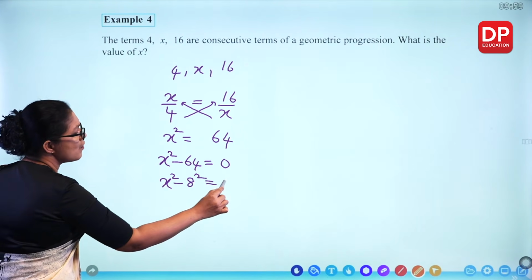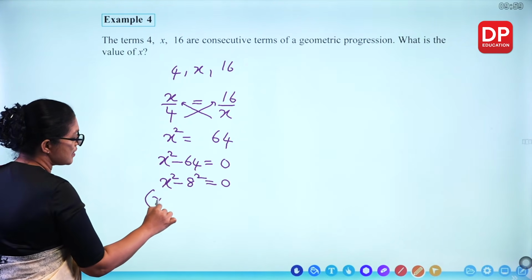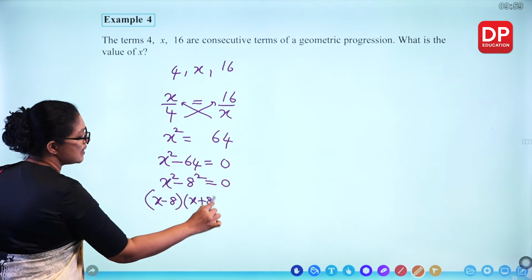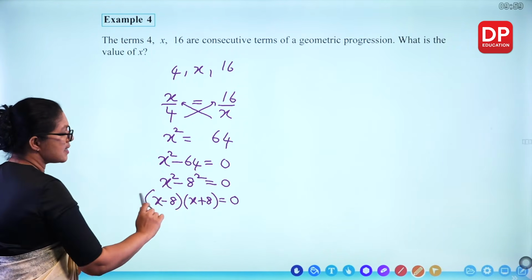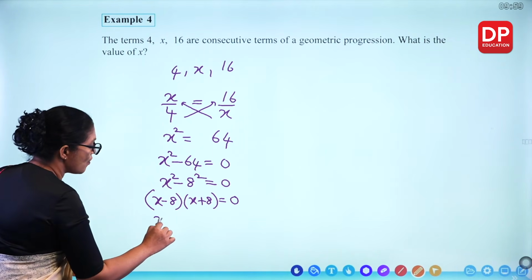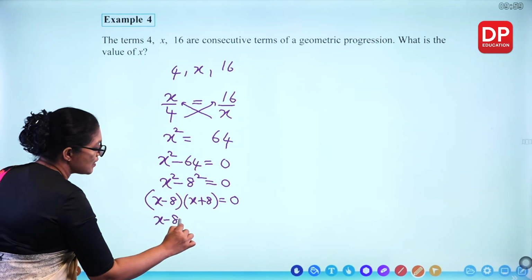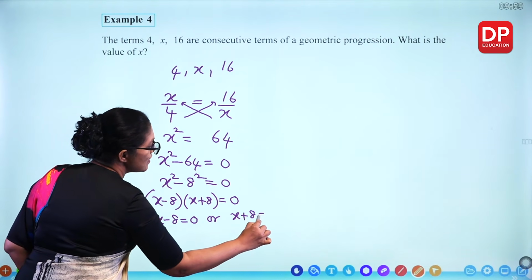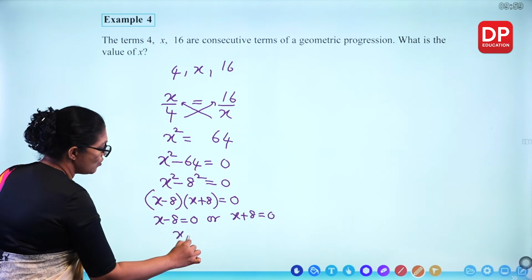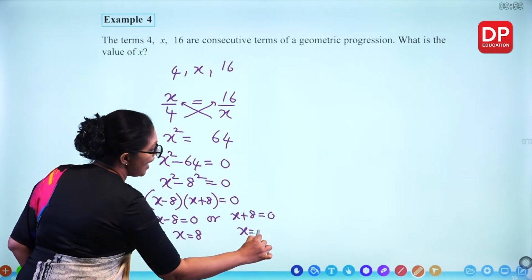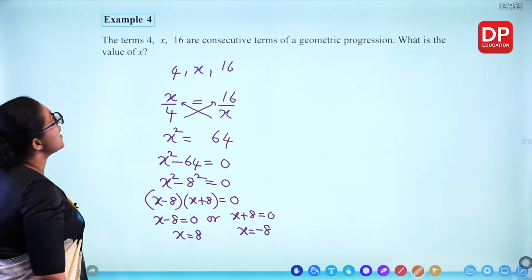I can write down the factors as x minus 8 and x plus 8. When the product is 0, either this factor is 0 or the other factor is 0. So what are the solutions? x can be 8 or x can be minus 8.